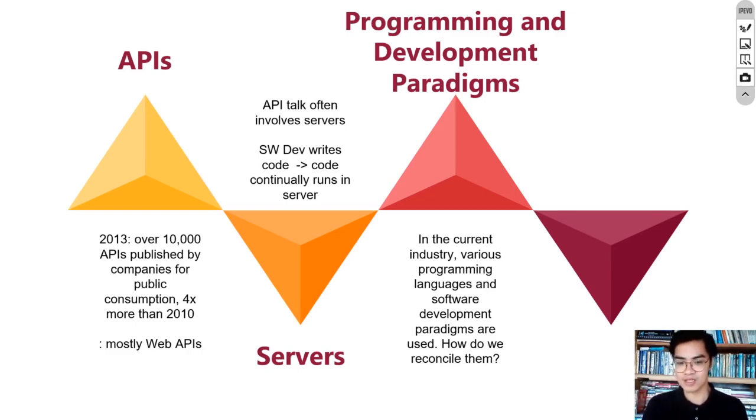Now, as long as the input is valid to the API and the output is valid from the API, these two systems, which were seemingly incompatible, can now be integrated. Can now send data to and from each other, right? So another example is what you commonly see in mobile applications.